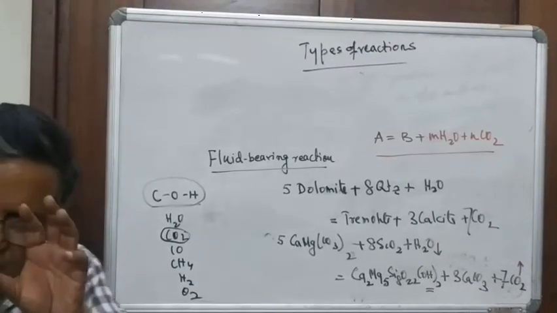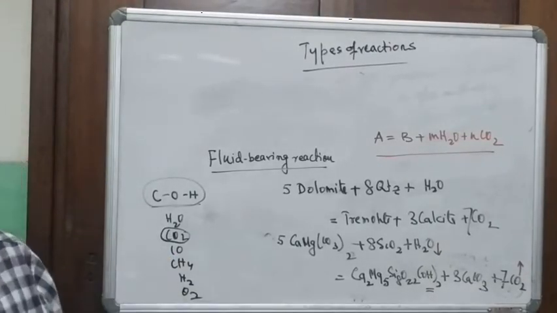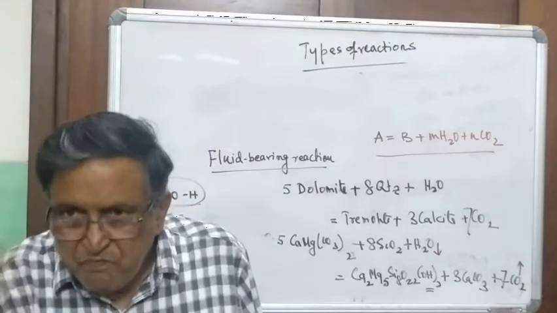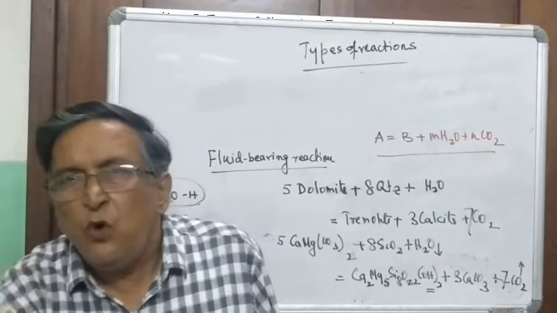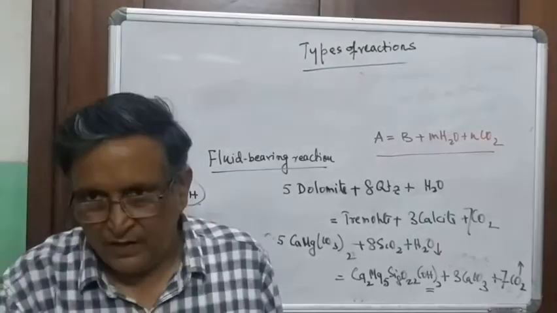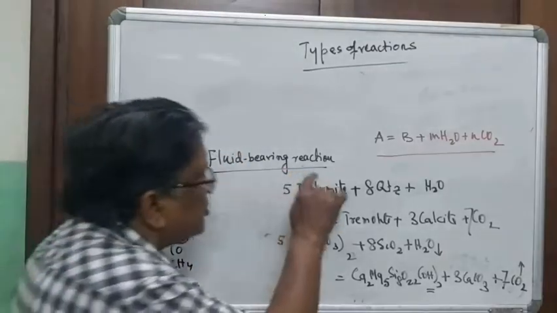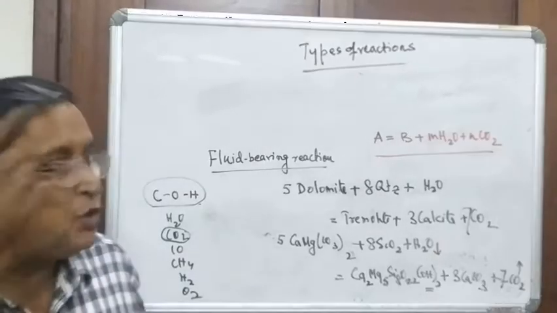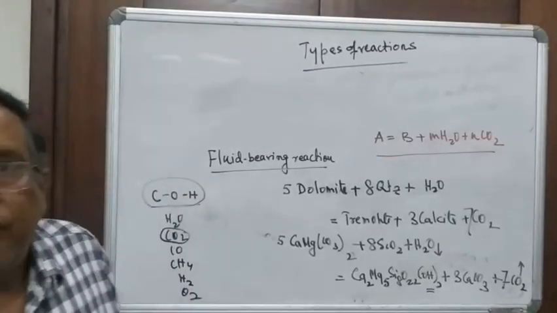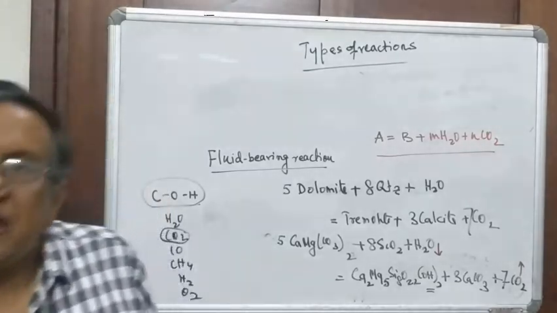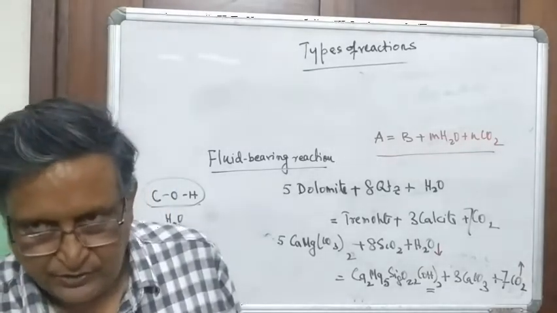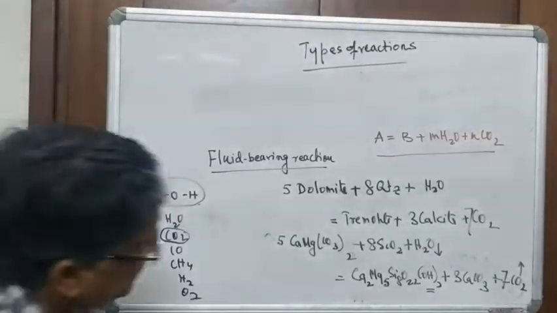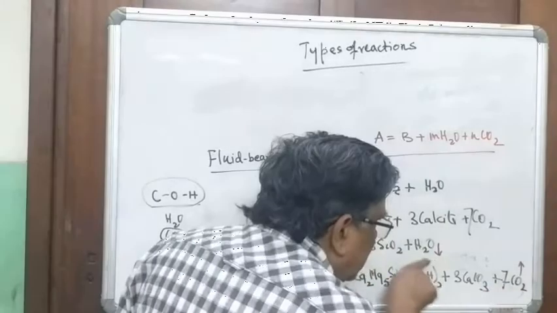But what I am trying to impress upon you is that when you write muscovite gives you quartz, you don't mean that your fluid contains only H2O. It means for balancing the structural water of muscovite, you had to use H2O, which is also a component of the fluid. For the wollastonite reaction, you had to bring in CO2 as a fluid component to balance for CO2 held up in calcite. Here, you produce CO2 and you produce H2O.